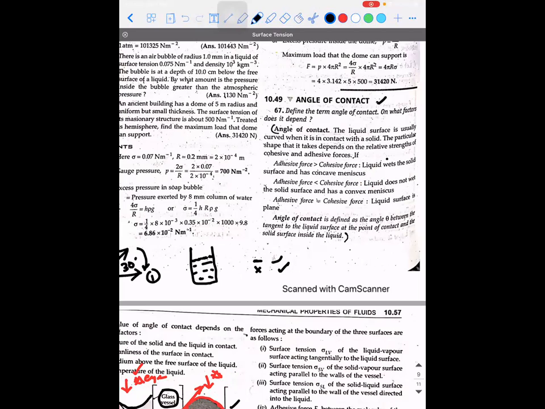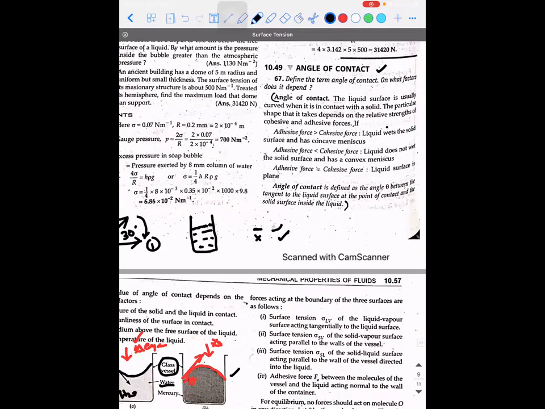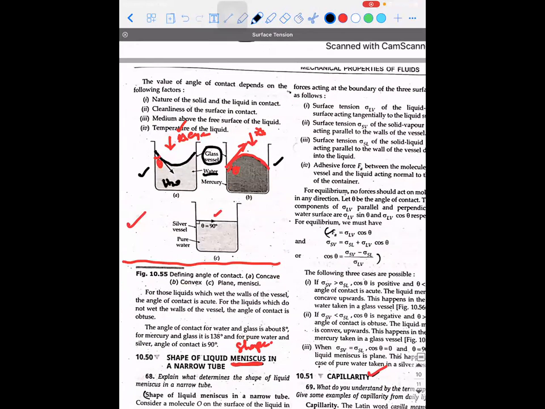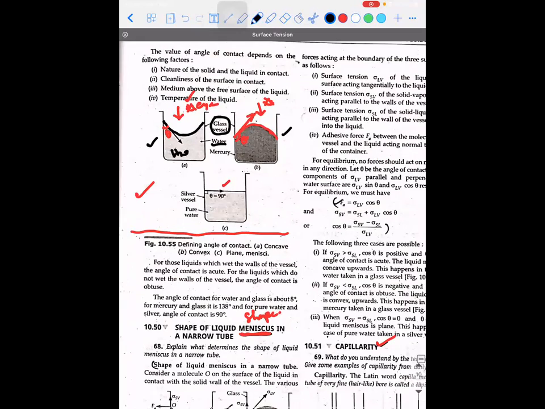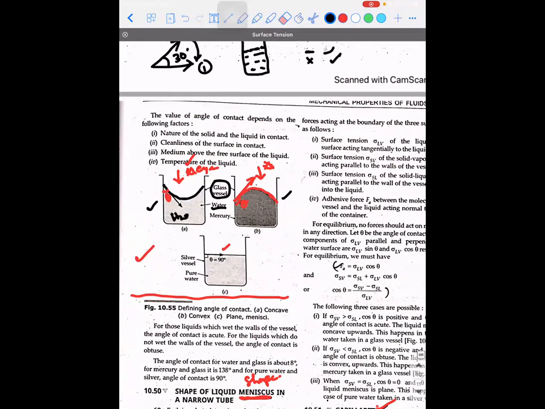It is the angle between the surface of the liquid, the tangent drawn to the surface of the liquid, and the container which is internal to the surface. That is what is called the angle of contact.